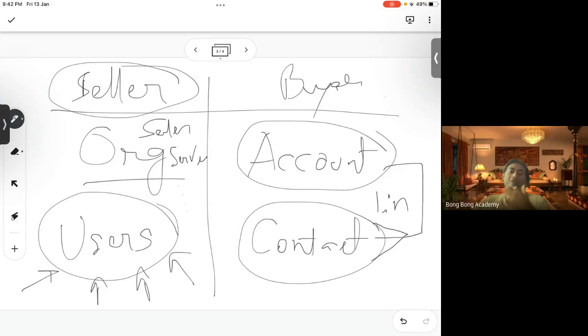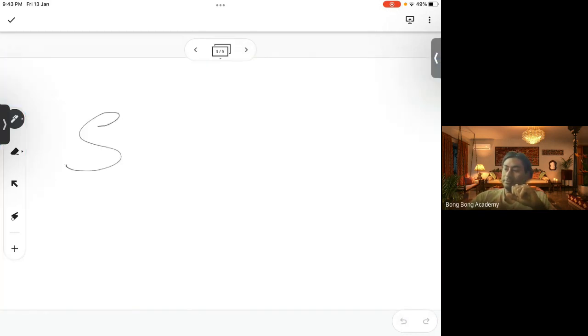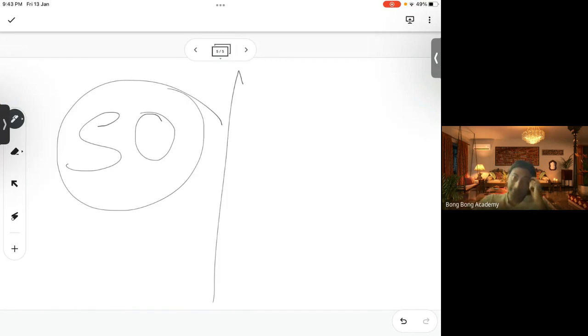Some tables are given by Salesforce by default. Those we call standard objects. Standard objects cannot be deleted. Standard objects cannot be created because this is already given by Salesforce.